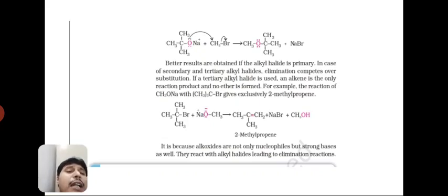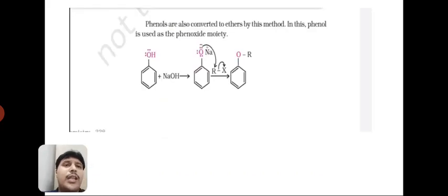And it is because alkoxides are not only nucleophiles but strong bases as well. So they react with the alkyl halide, leading to an elimination reaction. So this is the reason, right? Now phenols are converted to ethers by this method also. In this method, phenol is converted to phenoxide, and like sodium alkoxide, sodium phenoxide is used with an alkyl halide, and it gives ether. Yes, it is a kind of unsymmetrical ether.